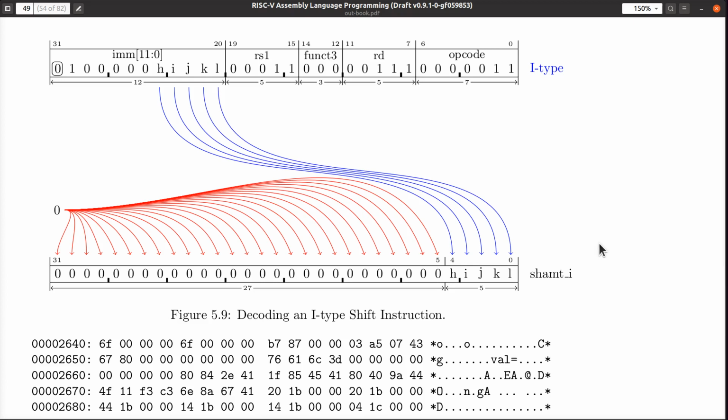So, all I-type instructions look the same. They have this immediate field over here. Shifting only uses 5 bits. The rest use all of them. The shift also has this bit hiding up over here, sort of as if it were treating these bits on the left as kind of like a Func7 field.